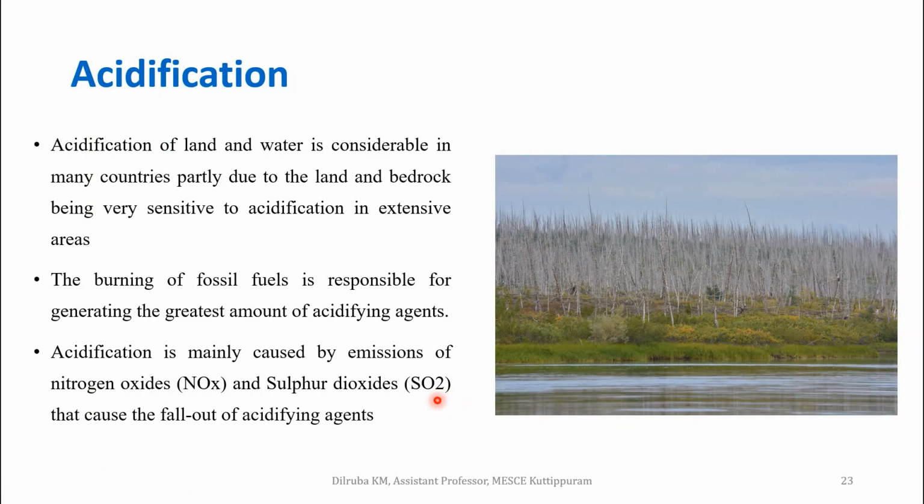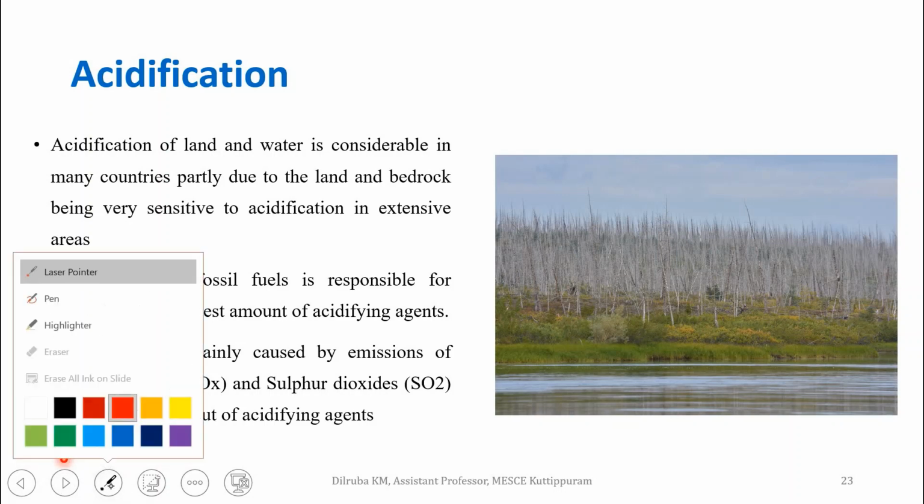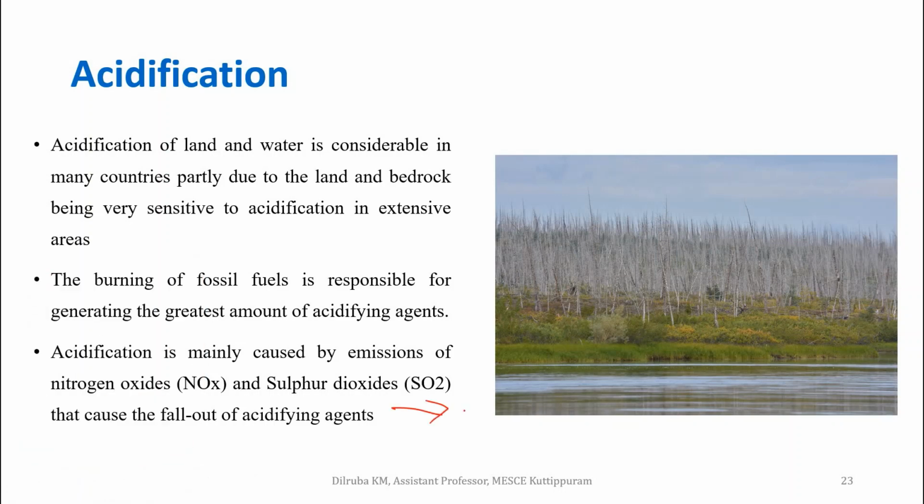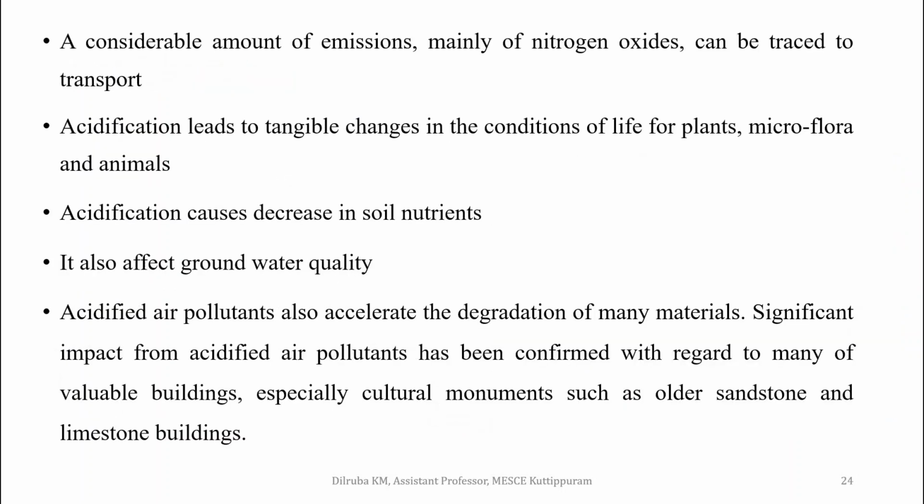The presence of nitrogen oxide and sulfur dioxide creates acid rains, which ultimately cause the acidification of soil and water.